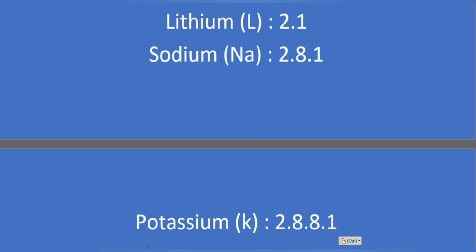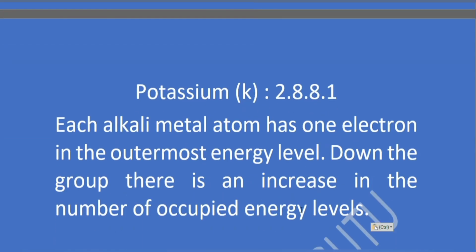Now we are saying that the elements in the same group will have the same number of electrons in the outermost energy level. As you can see here, all the three, or the entire group, have one electron in the outermost energy level.